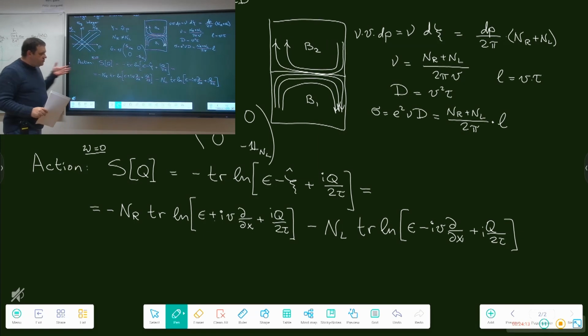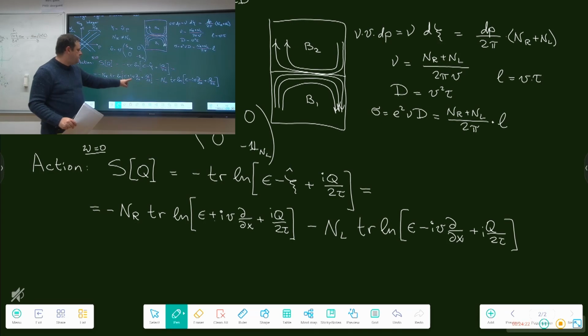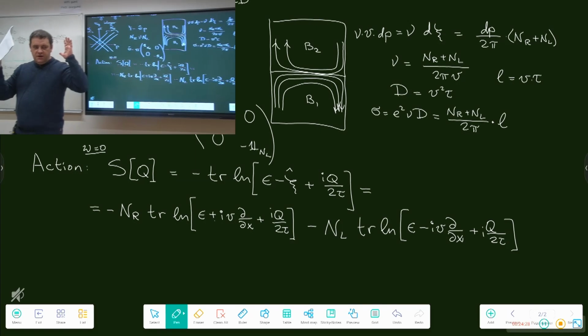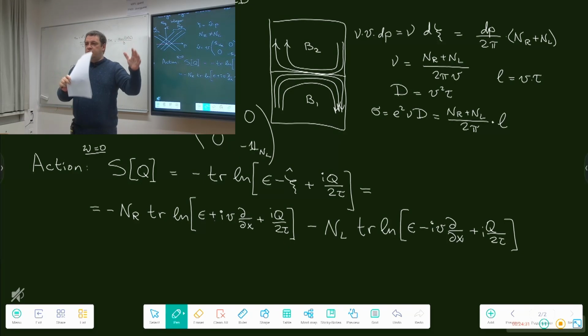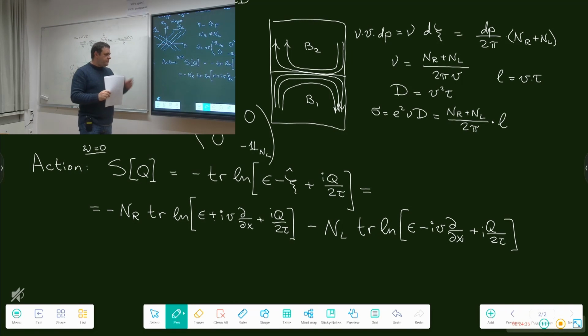So I have written explicitly this trace over channels. I have a number of contributions for right channels and another number for left channels, and xi has opposite sign for them, but otherwise it's the same, and the Q matrix is also the same. Q matrix is a single matrix for all channels. It does not discriminate between them. Is it clear?